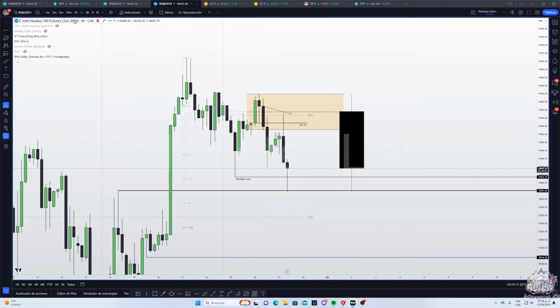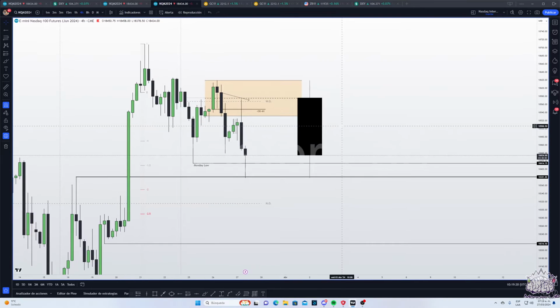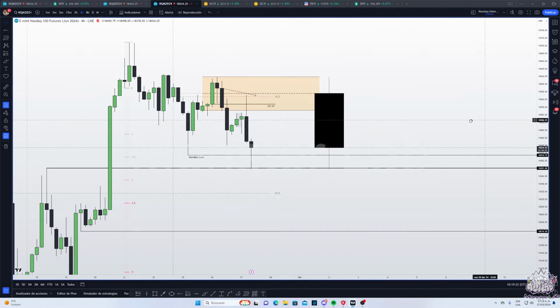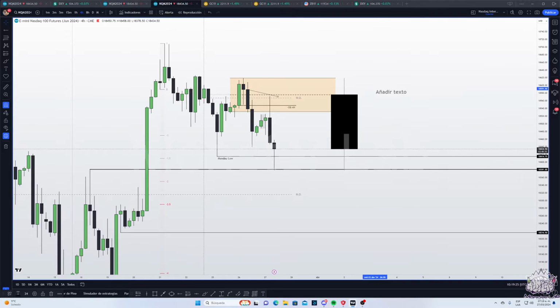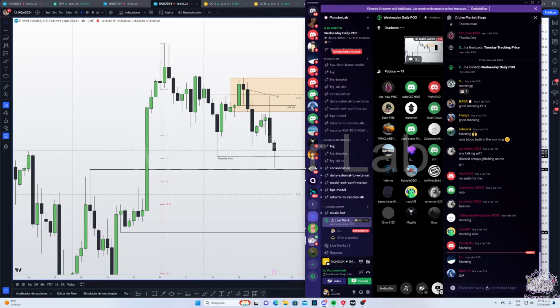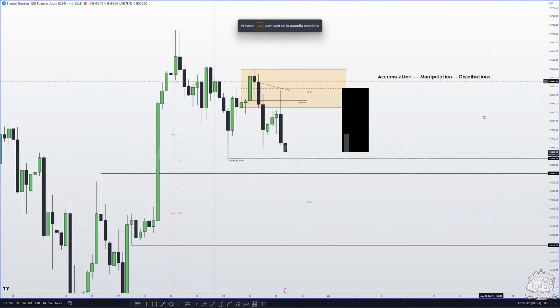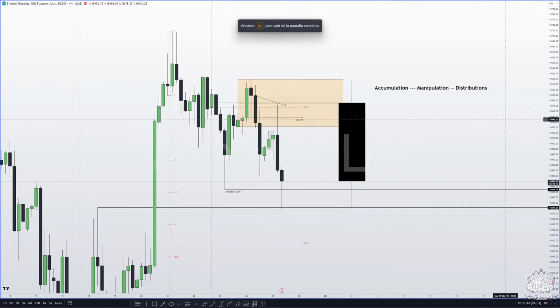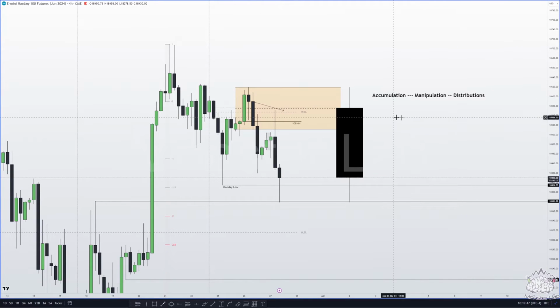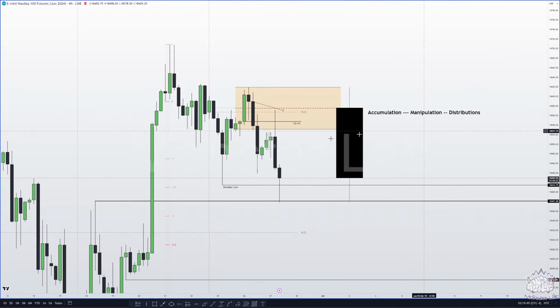Think about the cycles inside every power of 3. Accumulation, the next, manipulation, the next, distributions. Okay, so the important thing here for the high probability is in the distributions here.